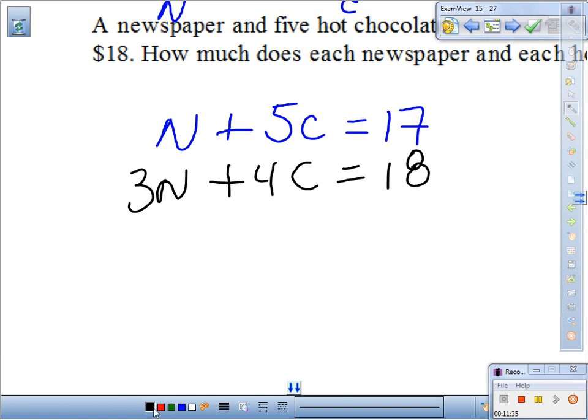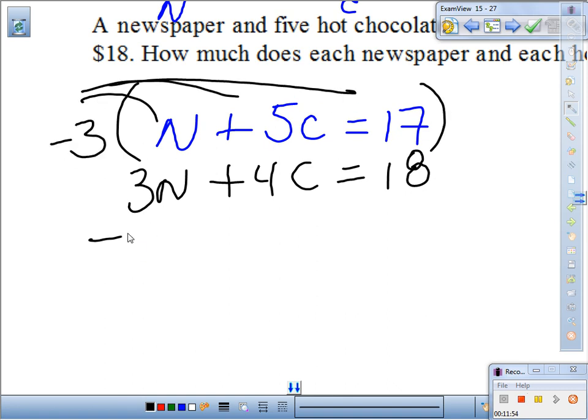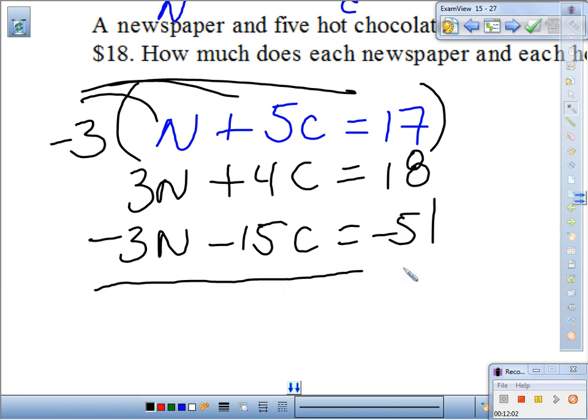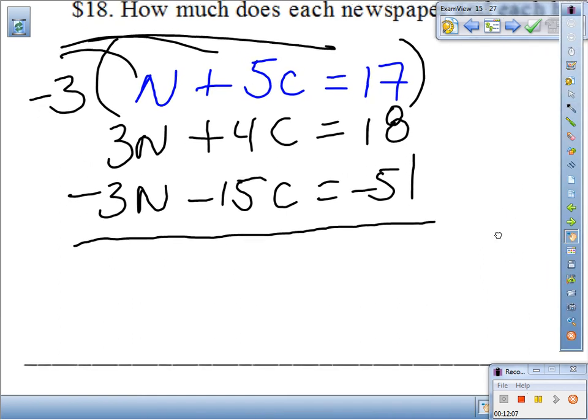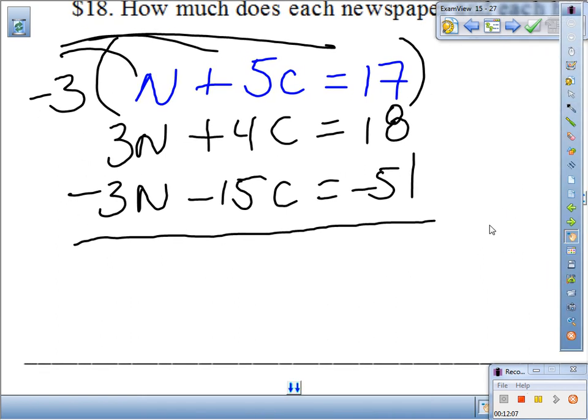-3. That means what, everyone? That we need to multiply this one times what? -3. Distribute. That gives us -3N, -15C equals -51. Are we there so far? Yes. Okay.